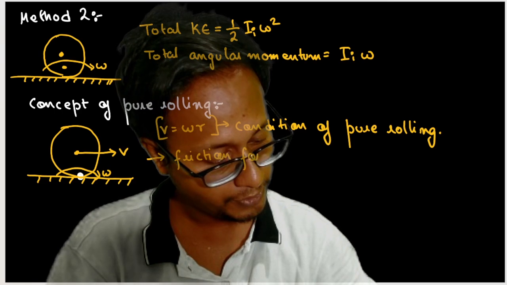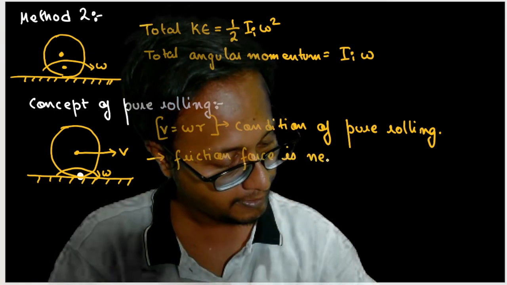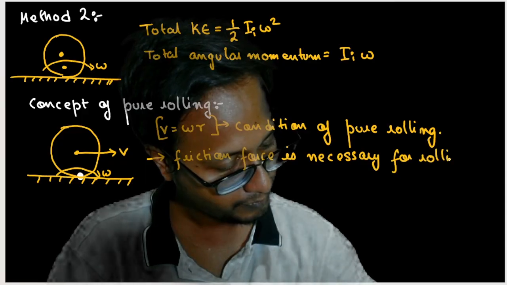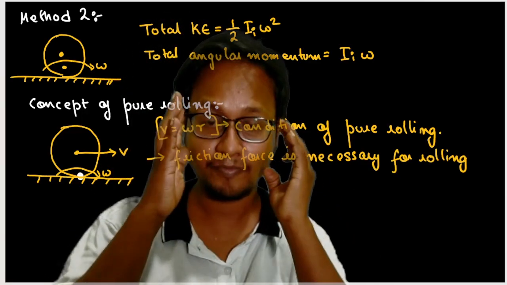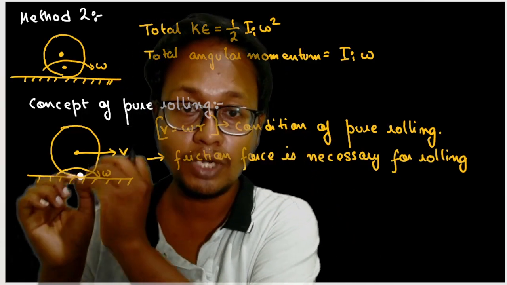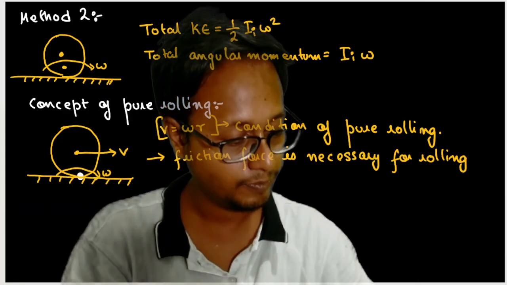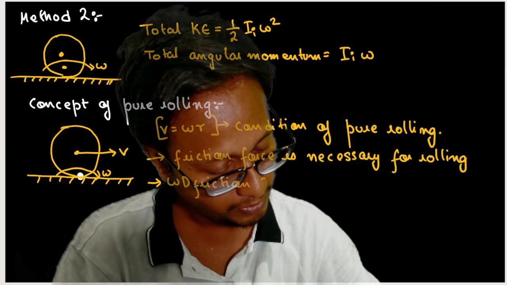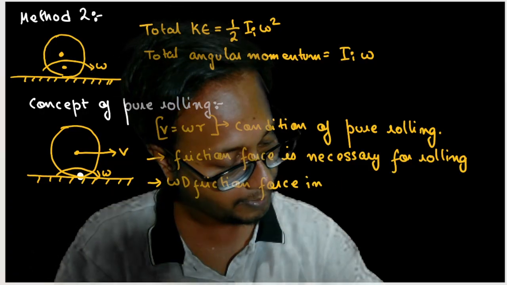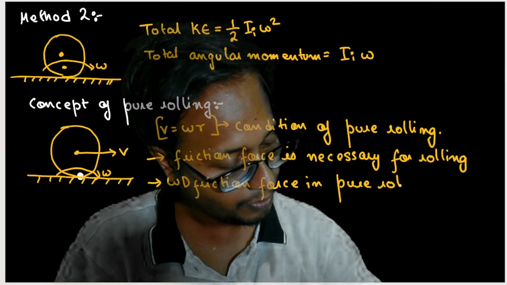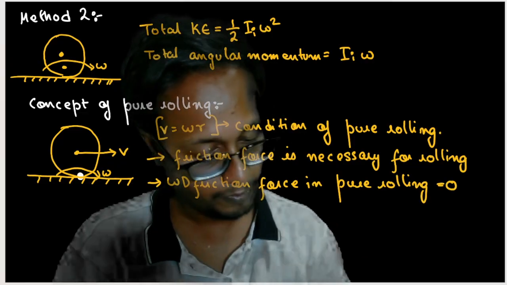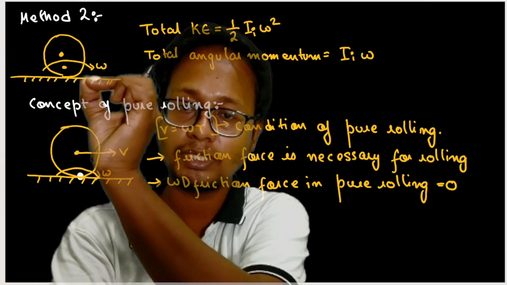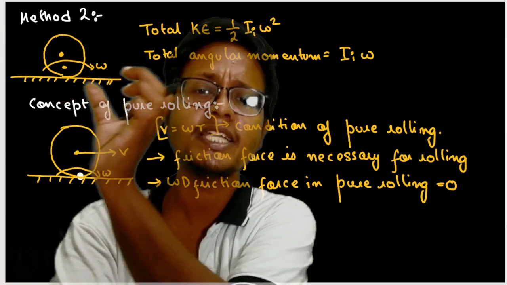However, the work done by friction force in pure rolling motion is 0. And if it is not pure rolling, that means the part that touches the ground slides somewhat, that is impure rolling.